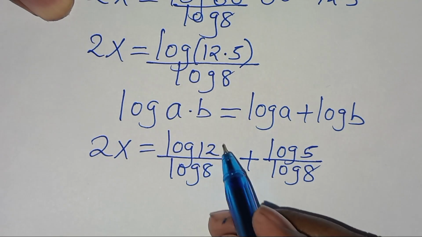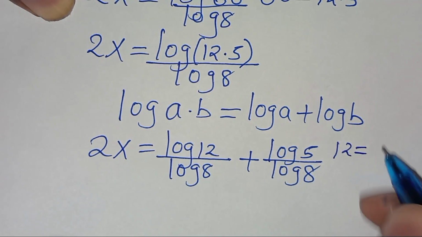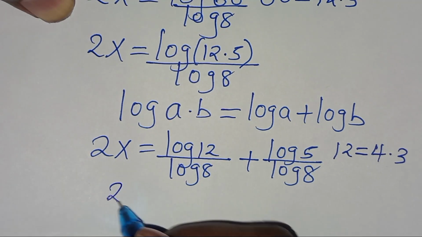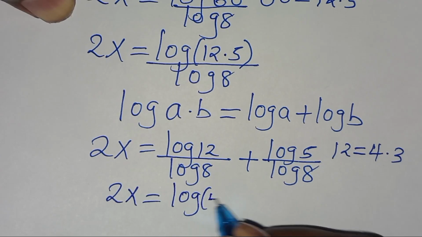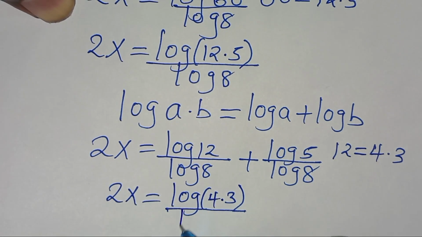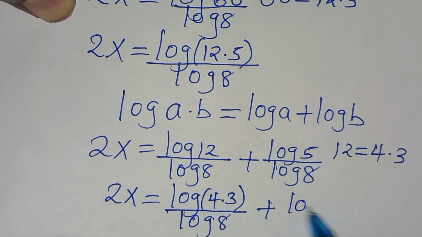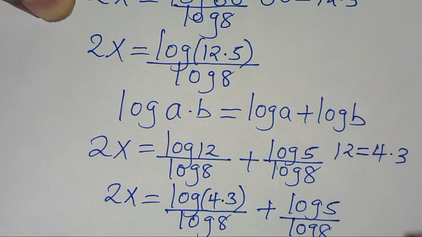The next step is that we can express 12 as, this is the same thing as 4 times 3. So this is the same thing as 2x is equal to log 4 times 3 divided by log 8, then plus log 5 divided by log 8.